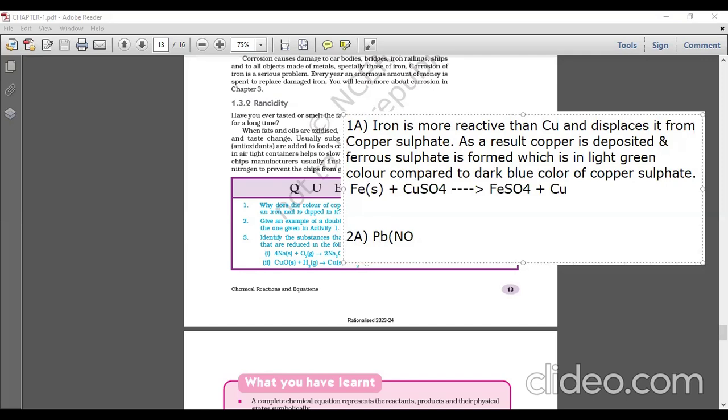Lead nitrate, Pb(NO3)2, in solid state, plus potassium iodide. I am writing the balanced equation, which I have already explained and is given in your textbook as well. It forms lead iodide, which is in solid state, plus potassium nitrate, which is in aqueous state.